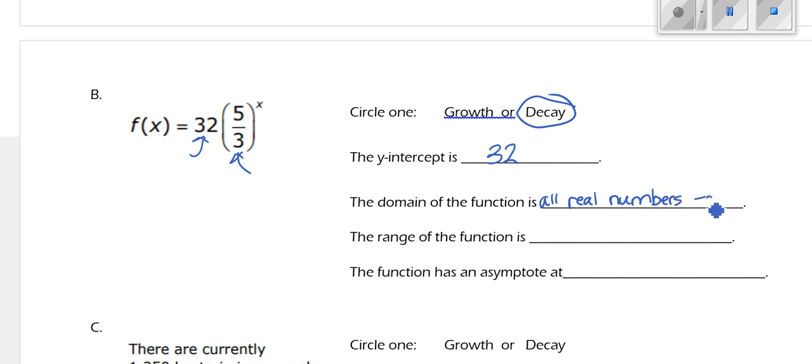Again, I can write it as negative infinity less than x less than infinity. The range of the function, again, is y is greater than 0. And again, the function has an asymptote at y equals 0. And I could verify all of this by graphing it in my graphing calculator.